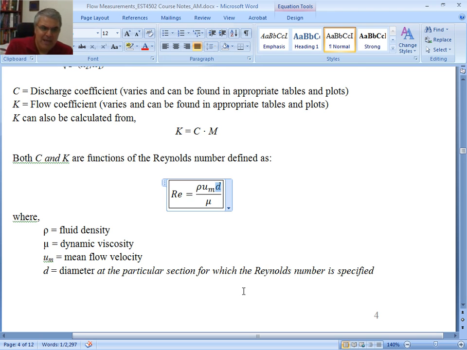And we divide that quantity, rho times U sub m times D, by the dynamic viscosity. So what we are doing here is taking the ratio of this quantity and calling it the Reynolds number.